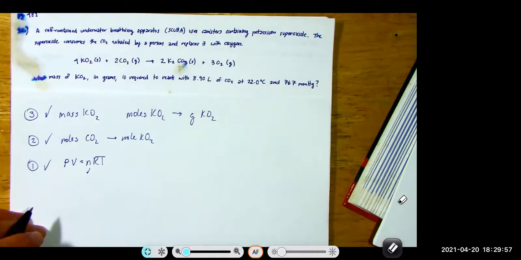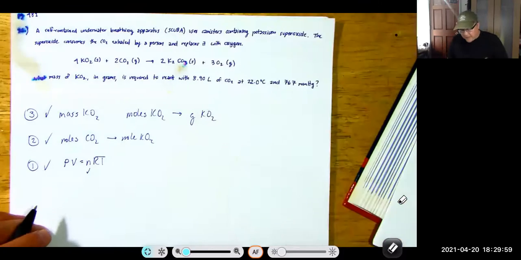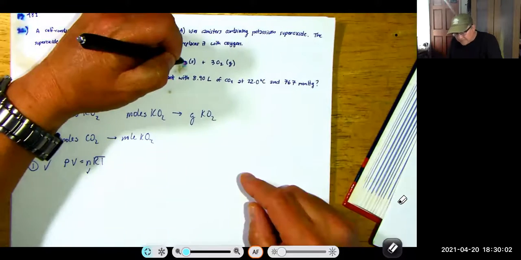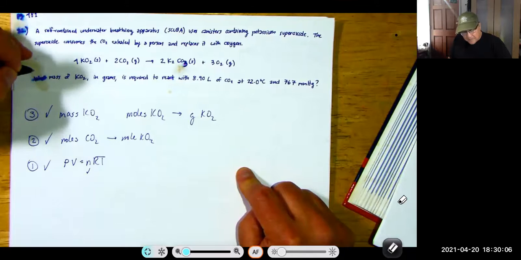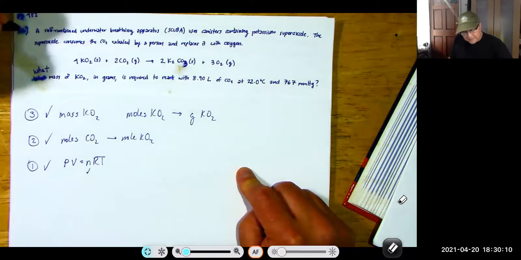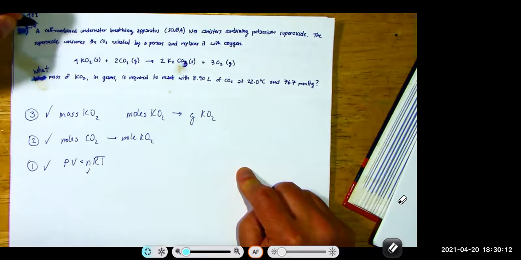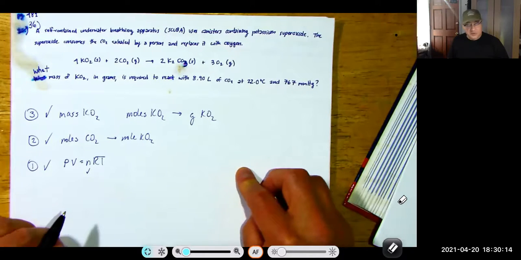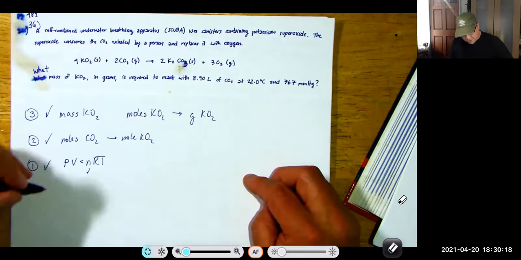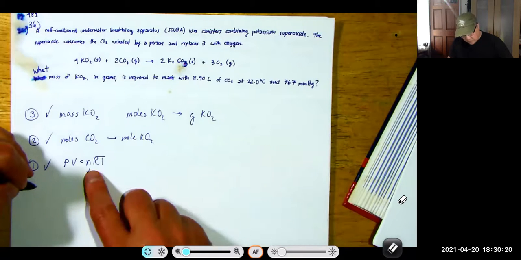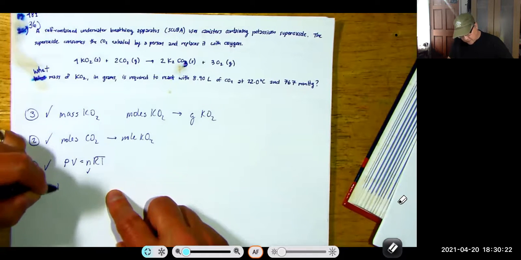It's the same concept that we were talking about. For all practical purposes, solids have no volume in all of these chemical reactions. They do actually have volume, but it's negligible. So here, if we want to get the moles, we're going to do a PV over RT.